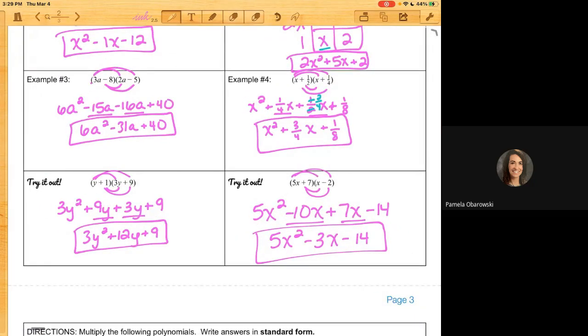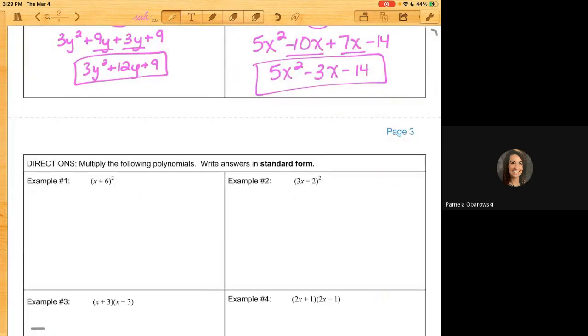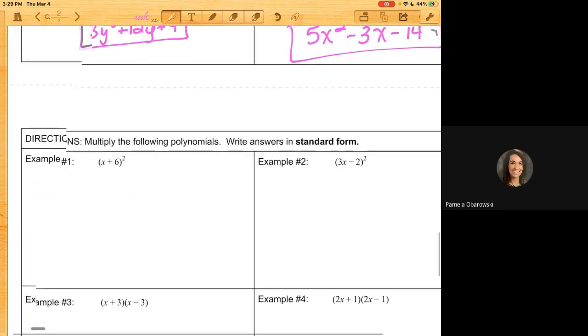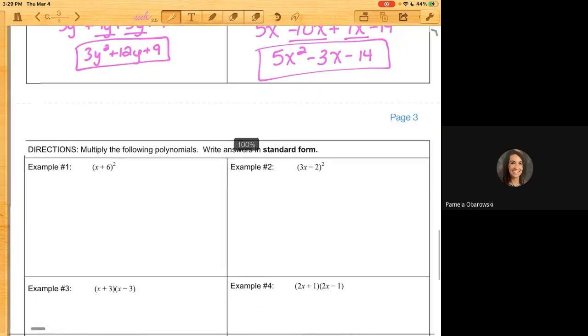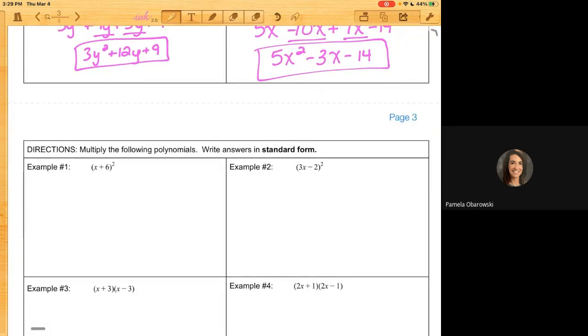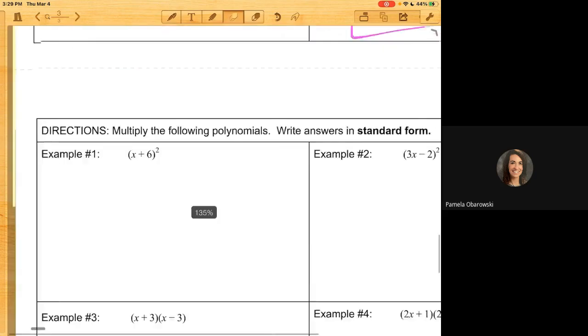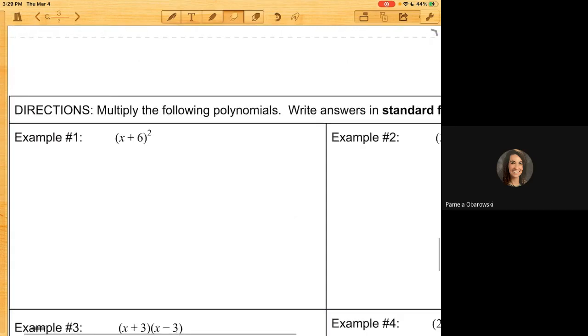Okay. So we've multiplied a monomial by a binomial, two binomials together, and now we're just going to practice a little bit more. There's a couple more things that I want to talk to you guys about. So this next one, sometimes in mathematics, you might see something like this.